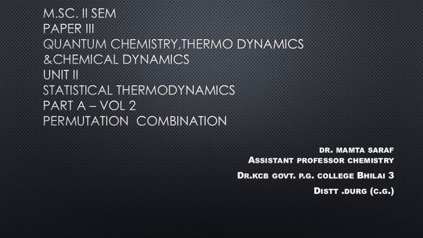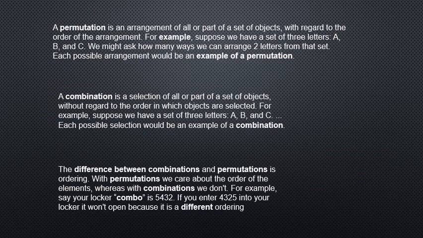Before we come to the topic, I want to give a brief idea about statistical thermodynamics. After explaining examples of probability, I will explain two other statistical methods called permutation and combination.